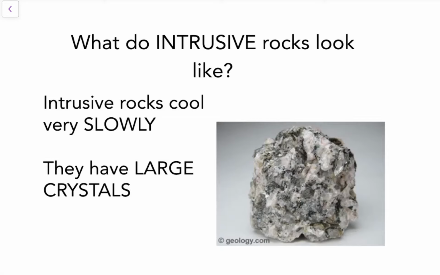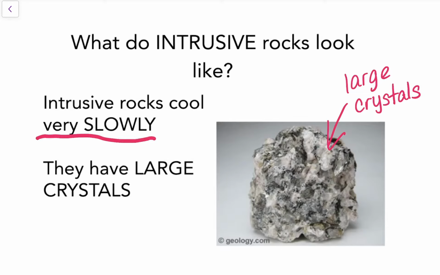So we know that a rock is an intrusive igneous rock by noticing that it might have very large crystals. And those large crystals form because the rock cools very slowly, allowing enough time for these large crystals to form.